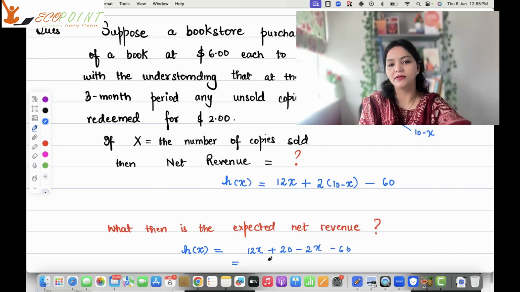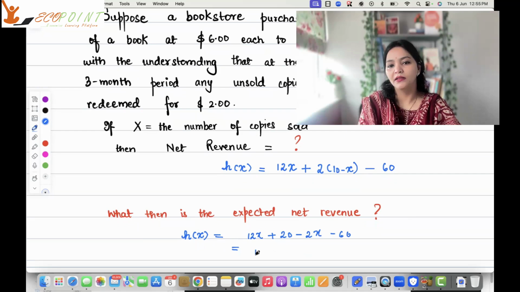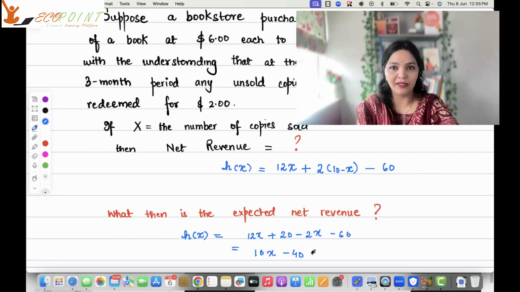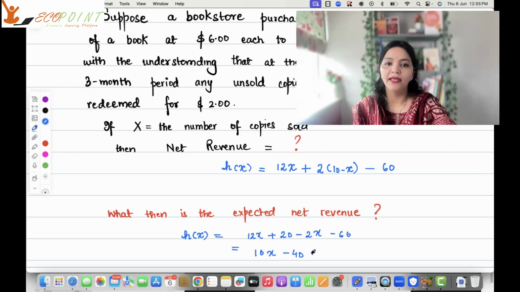So that means it turns out to be 10x minus 40. This is the function of the random variable x. If I am supposed to find out the expected net revenue, then I should know something about this random variable x. If I know everything about this random variable x, I will be easily able to figure out the expected net revenue.